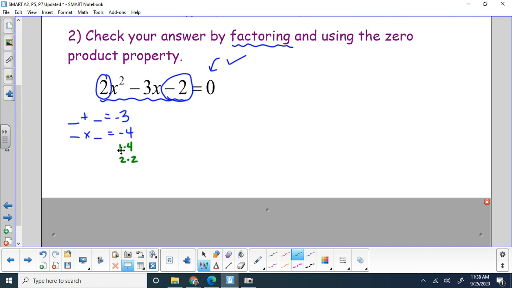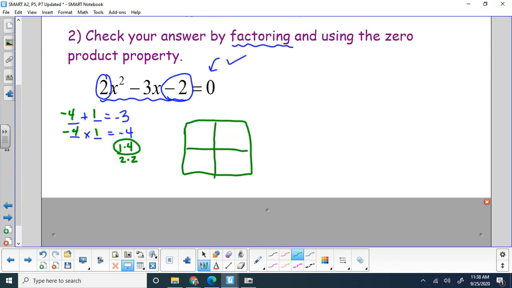As I look at my two options, I know that this is the only factor pair that's going to allow it to multiply to a -4 and add to a -3. I'm going to have to make the 4 negative and the 1 positive. Now I am ready to put those values into my sneaky square and do my solving.